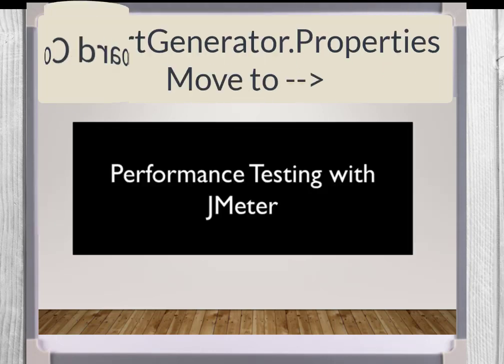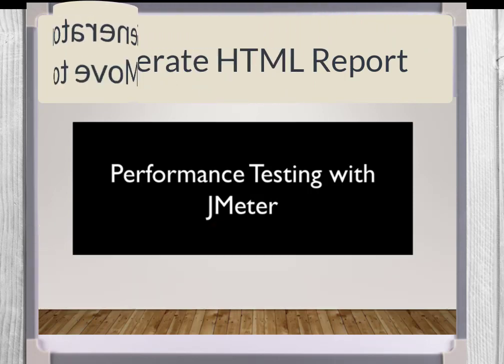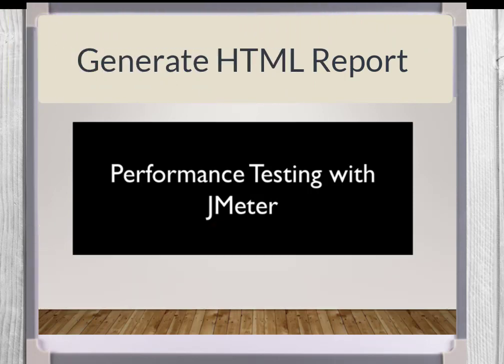Starting from that point in the file, highlight the lines to the end of the file. Capture those lines into your clipboard, then open the user.properties file and append the clipboard into the file and then save. Once you relaunch JMeter, the Generate HTML Report option will be ready for use.